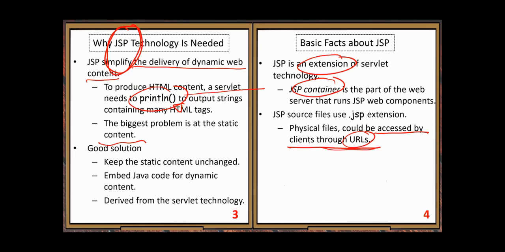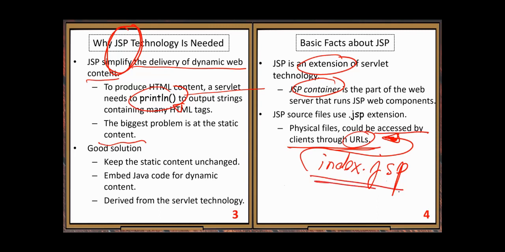For example, if your JSP is called index.jsp, the user just types index.jsp at the end of the URL, and then the user can see the result of this JSP. So that's another difference between JSP and the servlet.